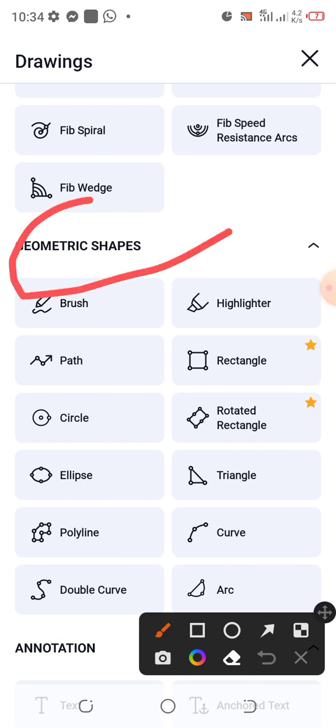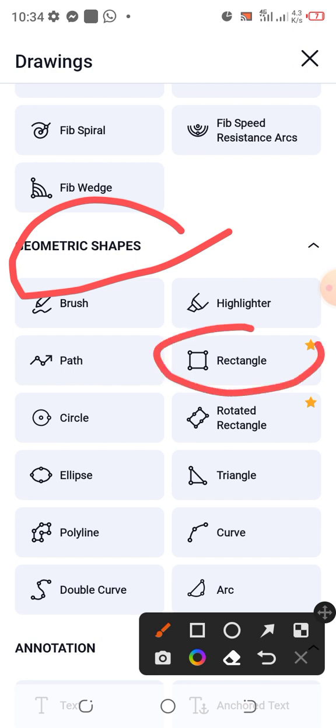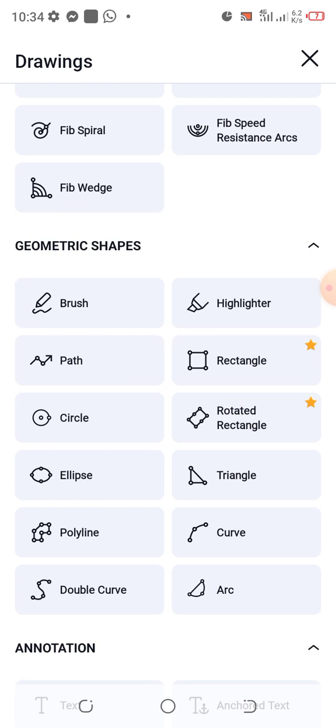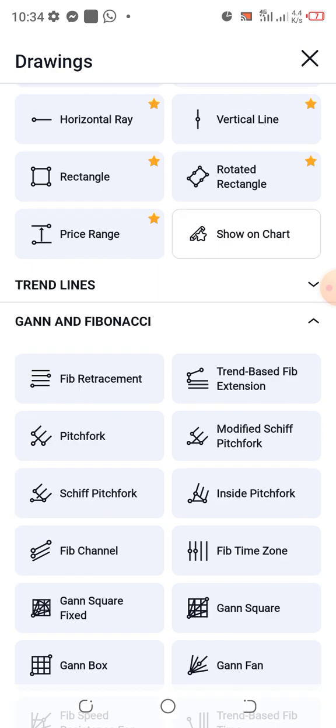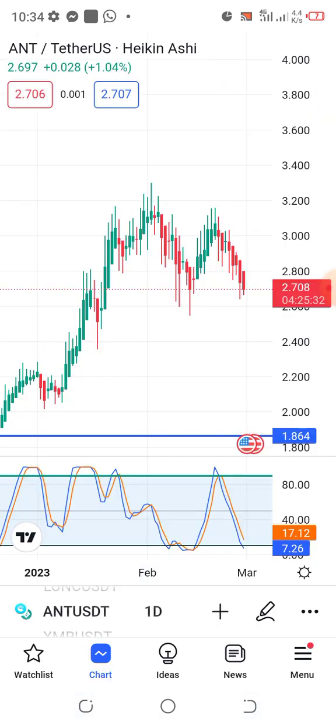And then you choose these triangles. That is what will help us to get our support and resistance done very well, perfect and clearly, so that you're good to go. So after doing that, you see it is already saved in favorites. Come here, tap on the pencil, and remove them.